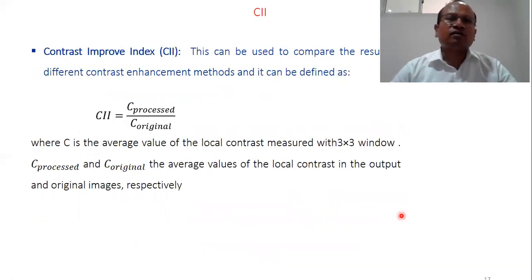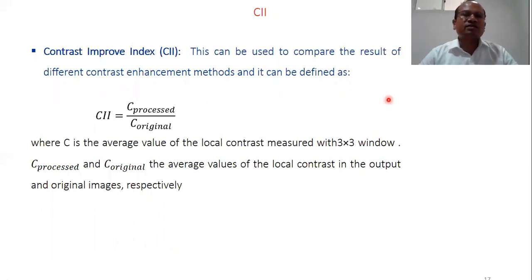And next one is CII, called the contrast improvement index. This can be used to compare the results of different contrast enhancement methods. We have studied contrast image enhancement.